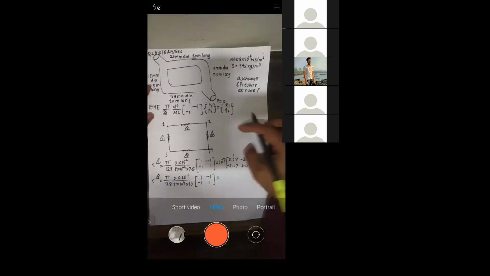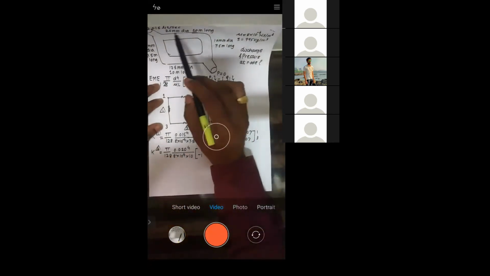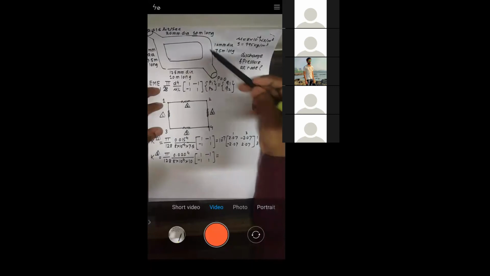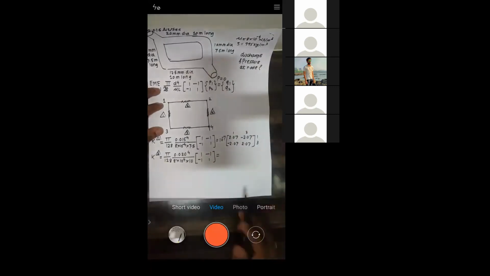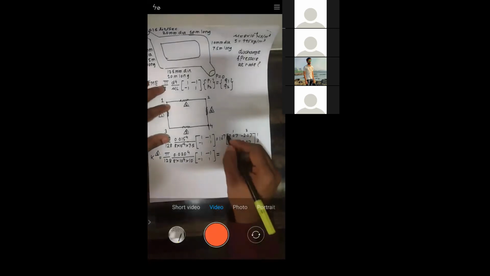Clear? So tell me this value. See, pi by 128, diameter of the second element is 20 mm and its length is 10 mm. So that I put. Tell me in the power of 10 to the power minus 7.